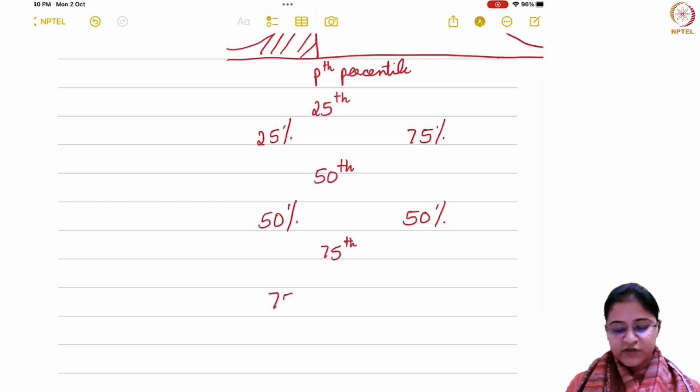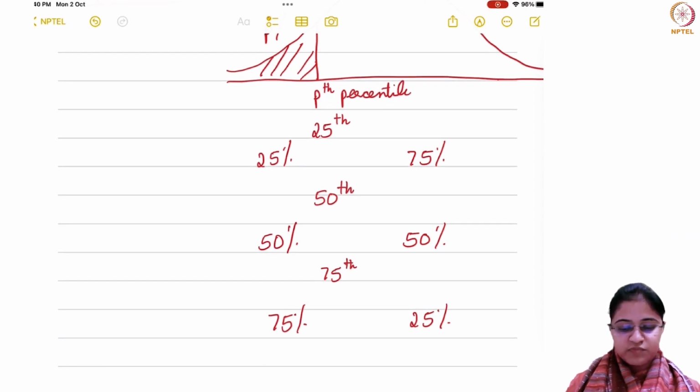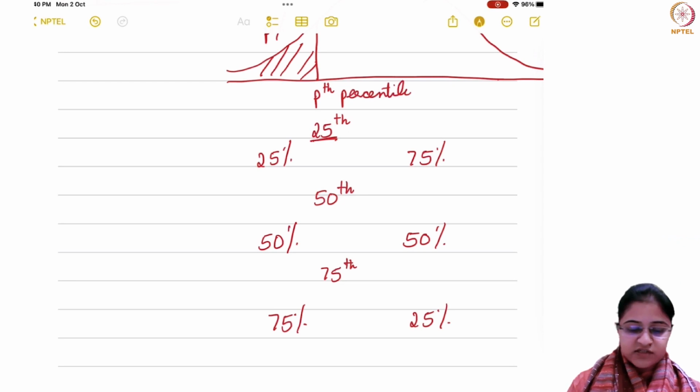So 75% will be below this and the remaining 25% will be above it. And this 25th percentile is referred to as your first quartile. So for quartile, we use a capital Q and give a suffix 1, which denotes the first quartile. So the first quartile is the same as your 25th percentile.